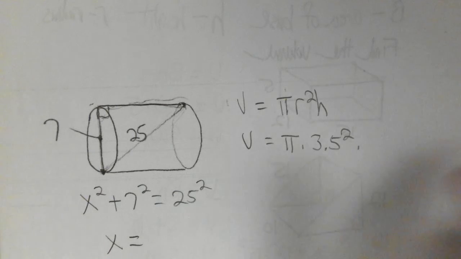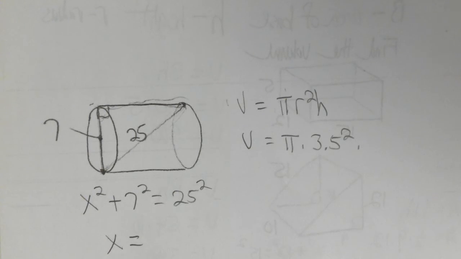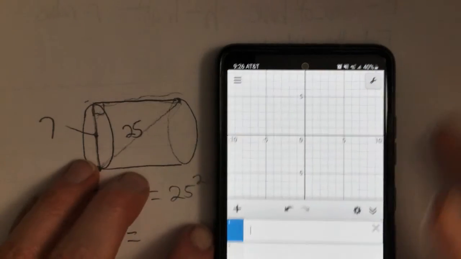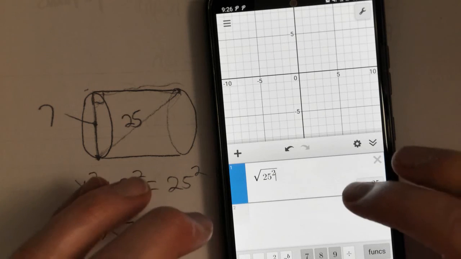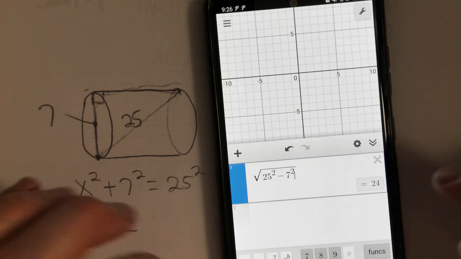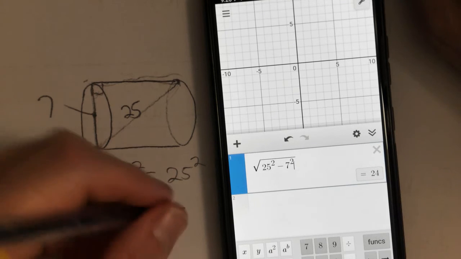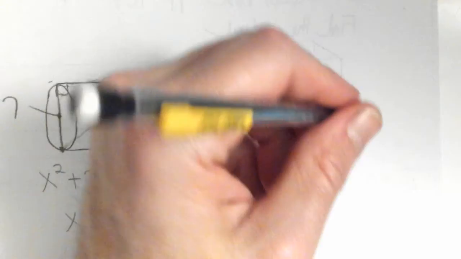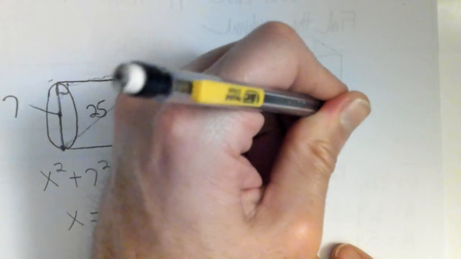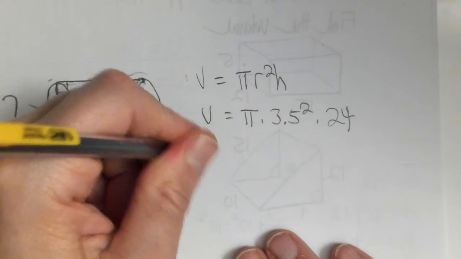And then if we move this over, that'd be 25 squared minus 7 squared, and the square root is 24. So 24 is the actual height of the cylinder. So I'll plug that in for H.